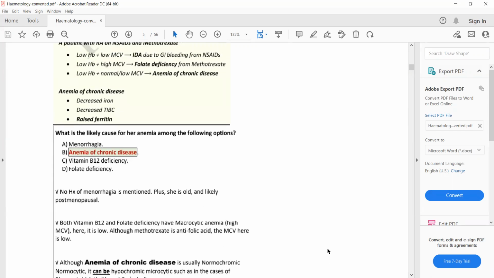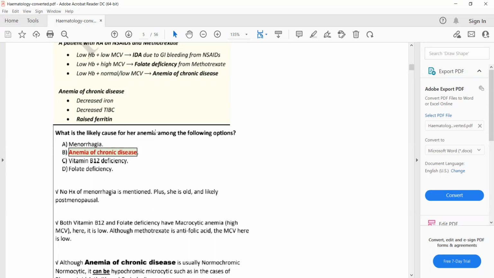So what happens in anemia of chronic disease is that the total iron is not decreased. The total iron is normal. Now the percentage of iron that is stored or in the bound form increases due to release of inflammatory cytokines, and free iron is not available for erythropoiesis.